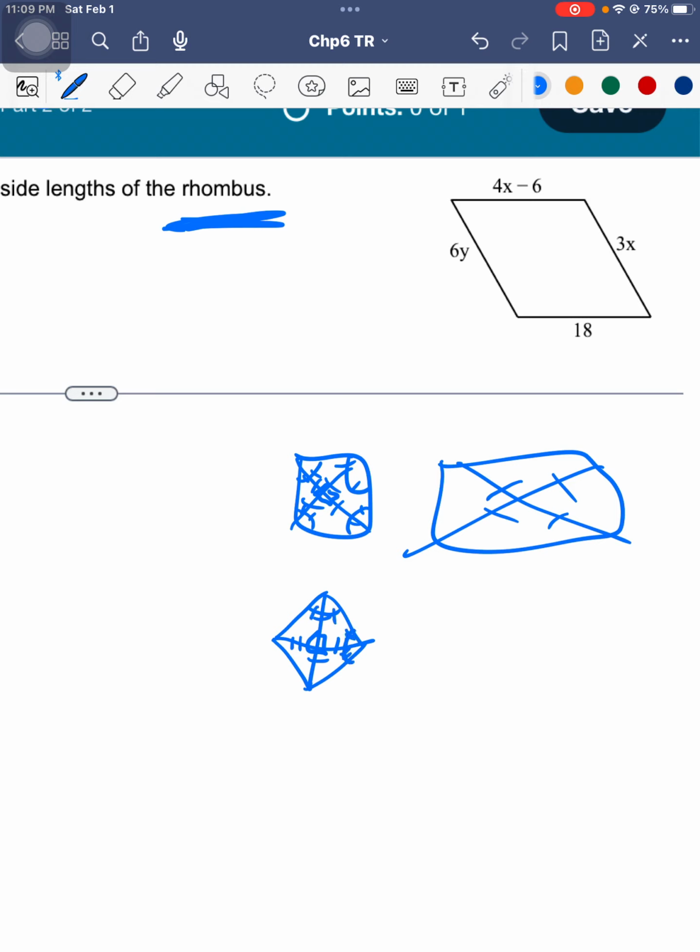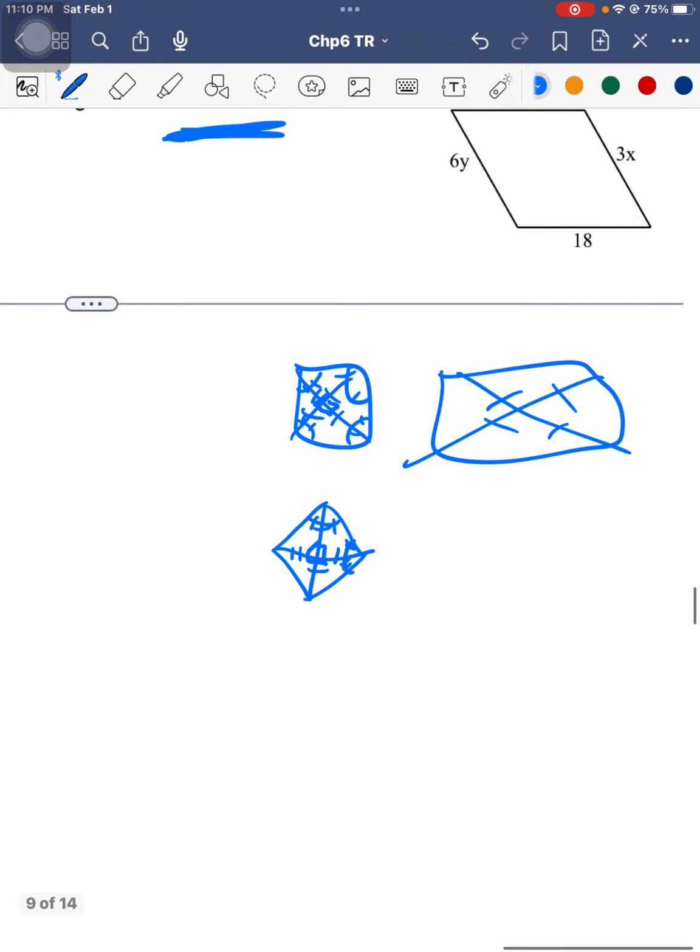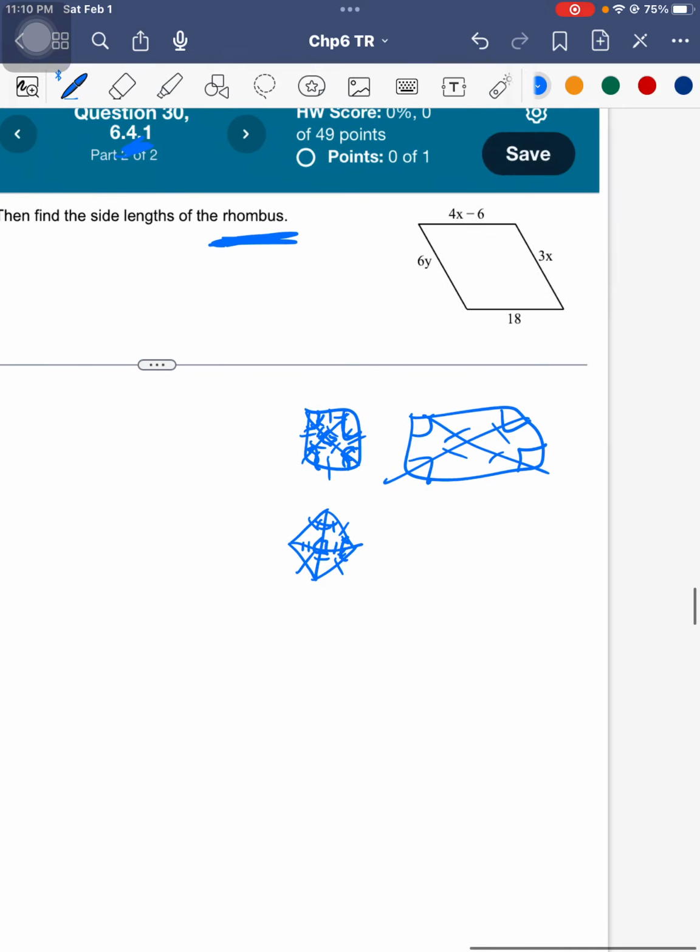Okay? And what else? All the sides are congruent in a what? In a square and a rhombus that we just talked about, and all the angles are 90 in a square and a rectangle. Okay? So please make sure that you review that.